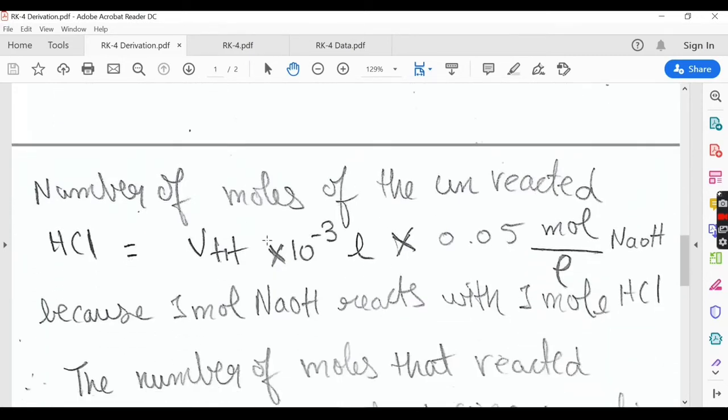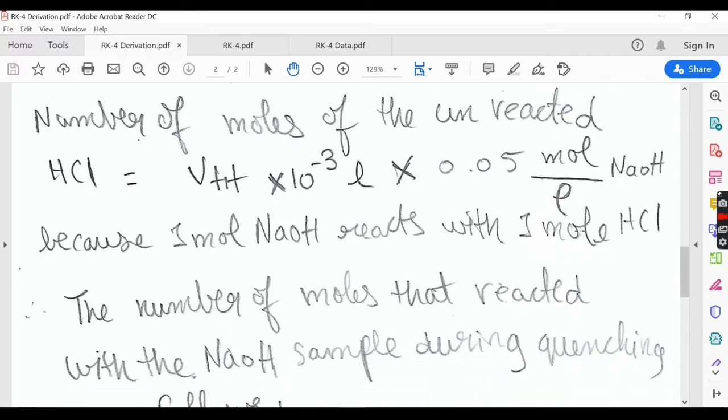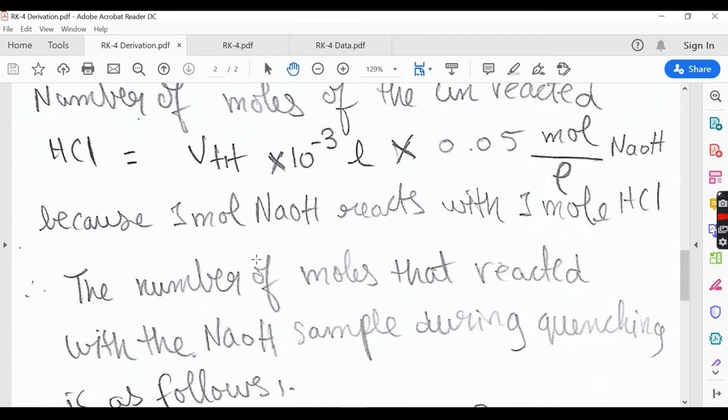And the number of moles of unreacted HCl will be volume titrated multiplied by 10 to the power minus 3, again to convert from milliliter to liter, multiplied by 0.05 mole per liter NaOH. Because 1 mole of NaOH reacts with 1 mole of HCl, the number of moles of unreacted HCl will equal the number of moles of NaOH used in titration.